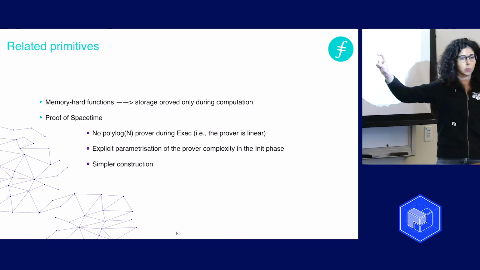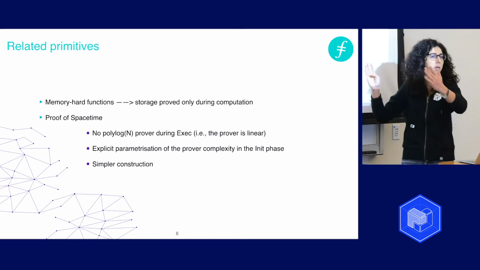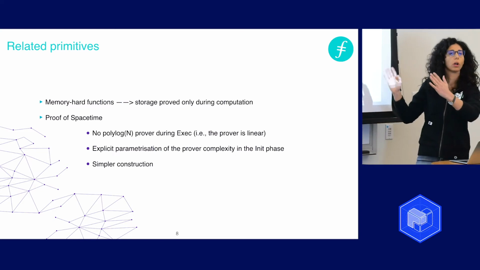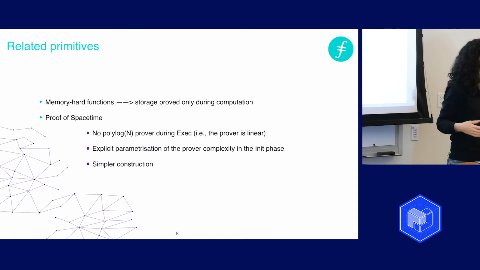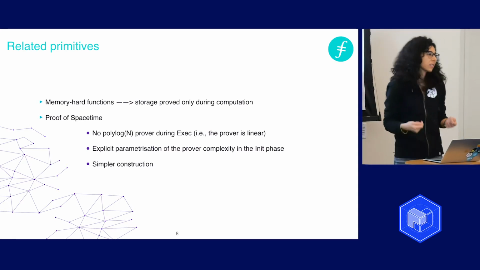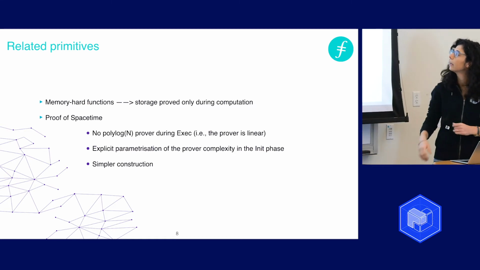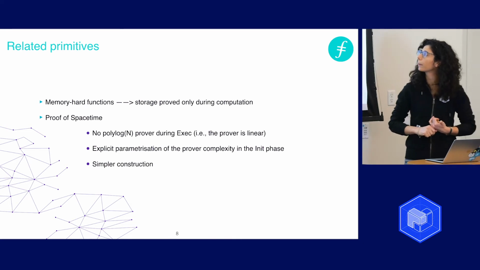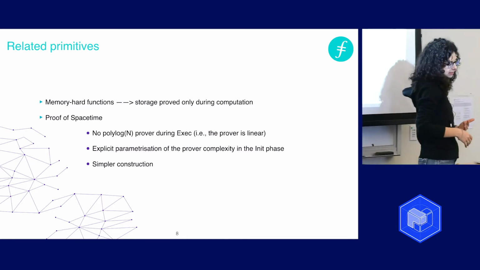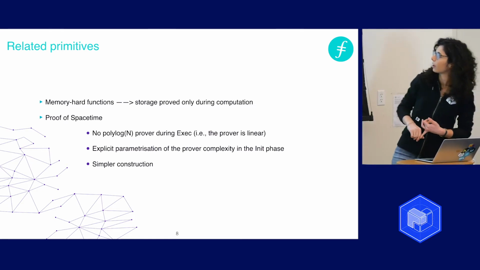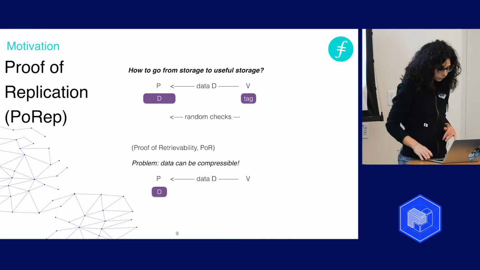If you remember the drawing before, this basically means that my execution phase can be, in principle, as long as the initialization. This means that clearly it's not a proof that you want to do very often, because it's slower than a proof of space. But removing that allows you to somehow have a simpler construction. There is a specific one. I didn't put the reference, sorry, ask me later, I can point it out. This is just to, I hope, clarify a bit.